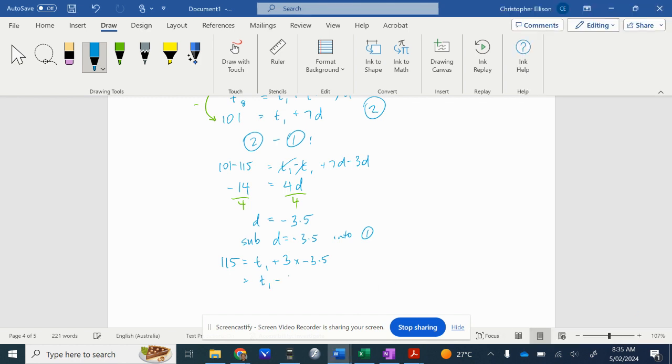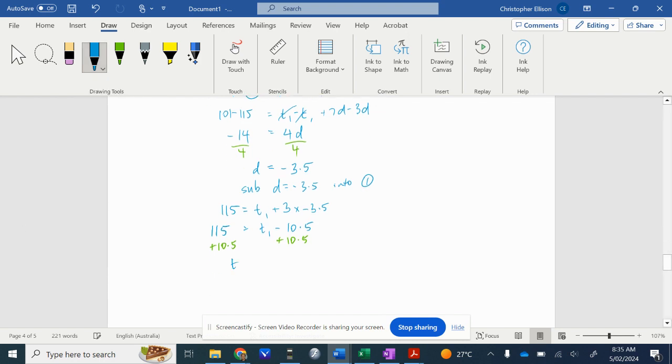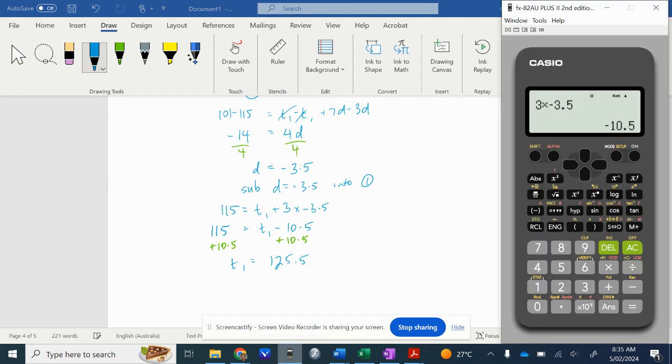So T1 minus 10.5 is 115. And so we've got to add the 10.5 over. So T1 is going to be 125.5. Yeah, good idea to just double check all these things. 115 plus 10.5. Yeah, cool.